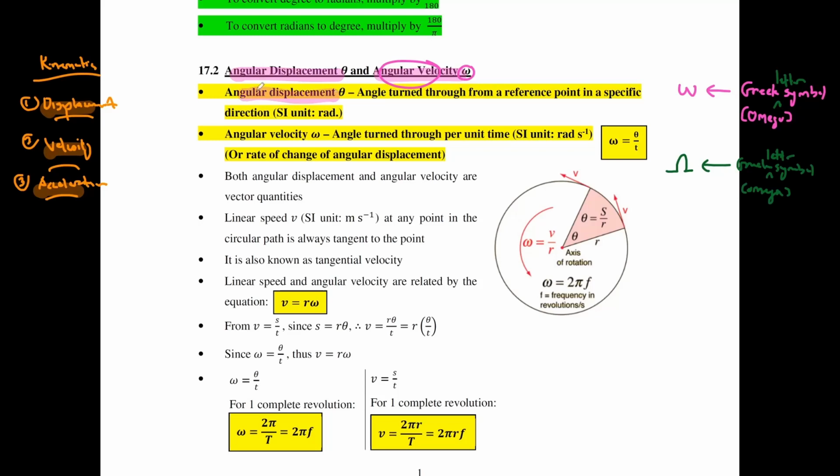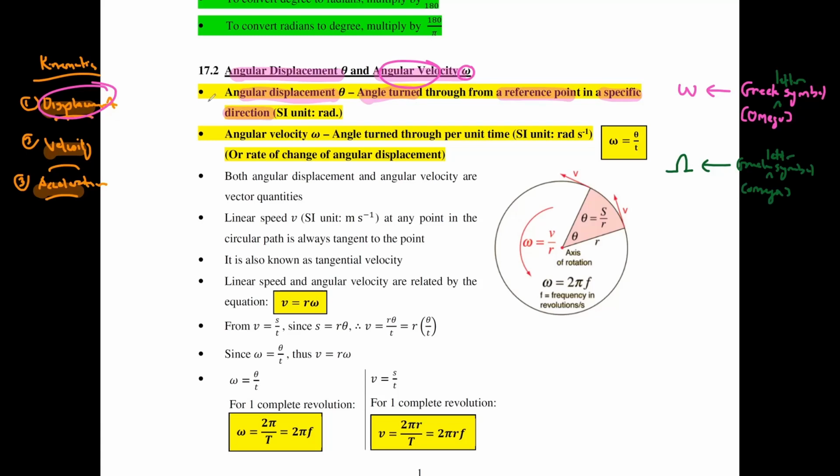Now, angular displacement tells you how much of an angle you have turned. It is formally described as angle turned through from a reference point in a specific direction, okay? So this is the formal definition of angular displacement. It describes how much angle you have covered. Same as your displacement definition from AS. In AS, we say that displacement is distance from a reference point in a specific direction, right?